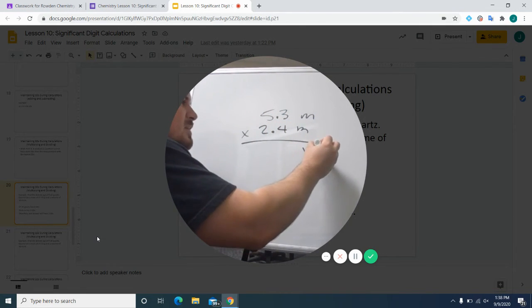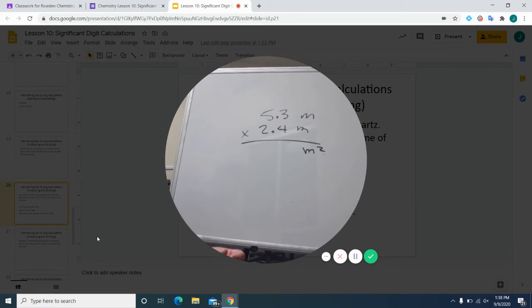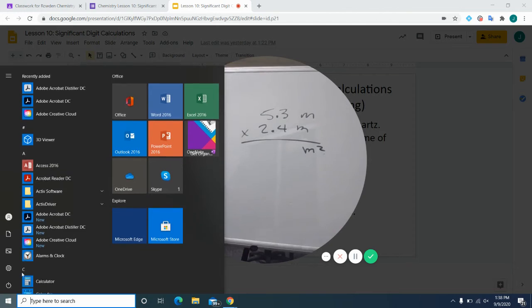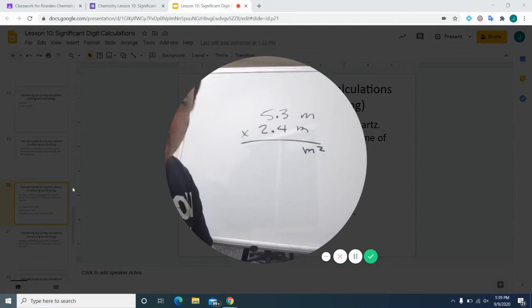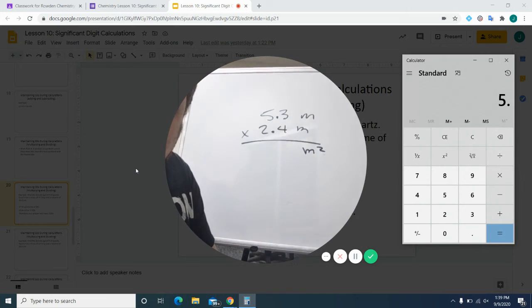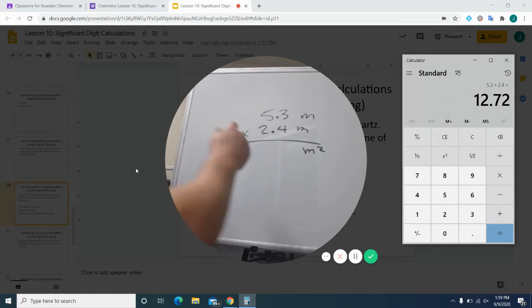So when you multiply meters times meters, you get meters squared. And then when we do 5.3 times 2.4, I'm going to pull up the calculator. I don't feel like doing that in my head right now. Let's do 5.3 times 2.4. We get 12.72.